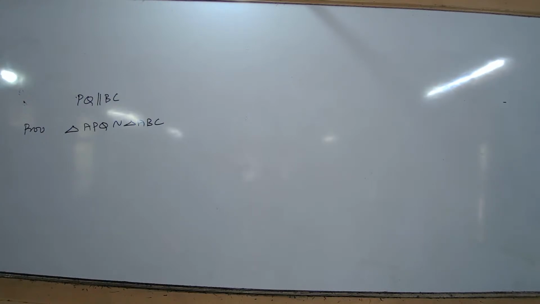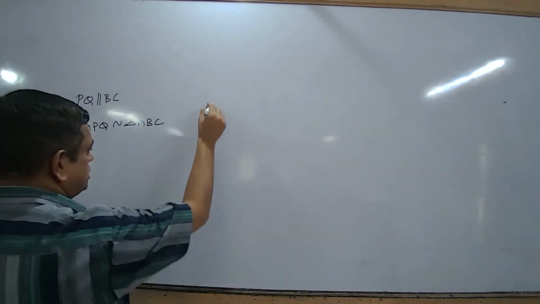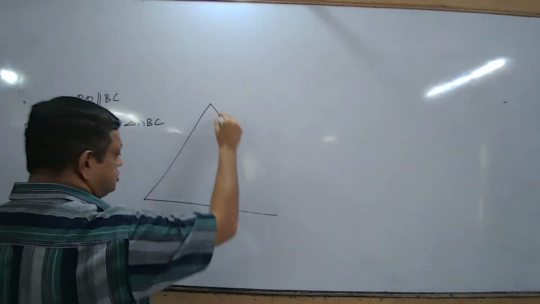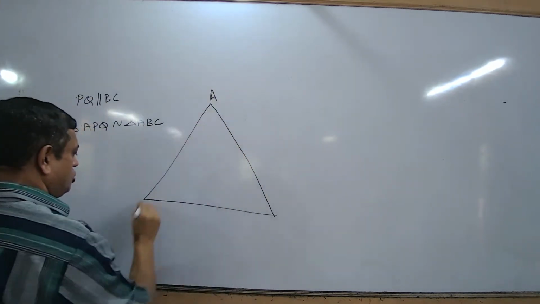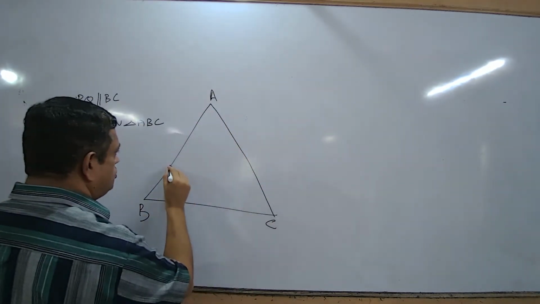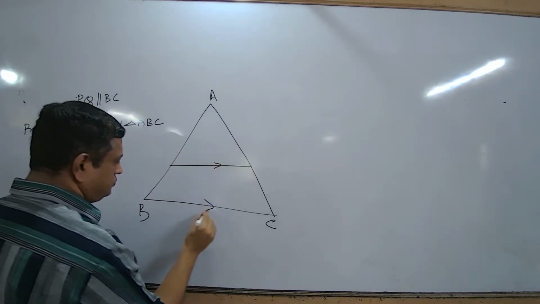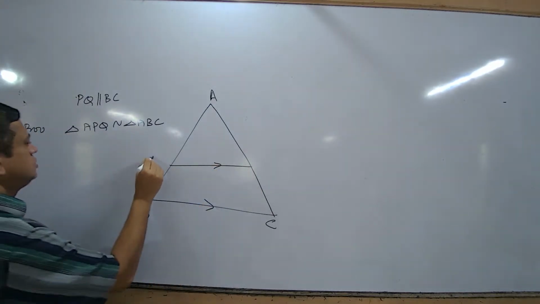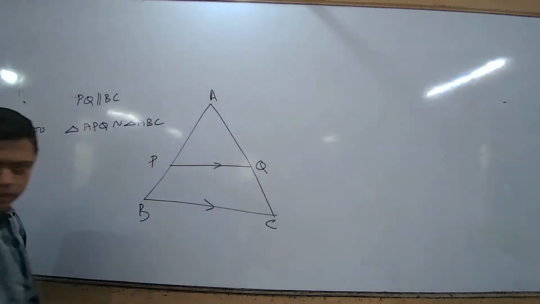That is the way of drawing parallel. Look here. Try to understand the mistakes. You have drawn this way. How will you mark parallel? This is PQ. Okay.